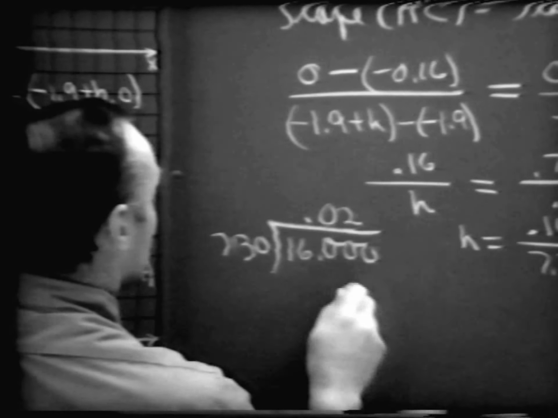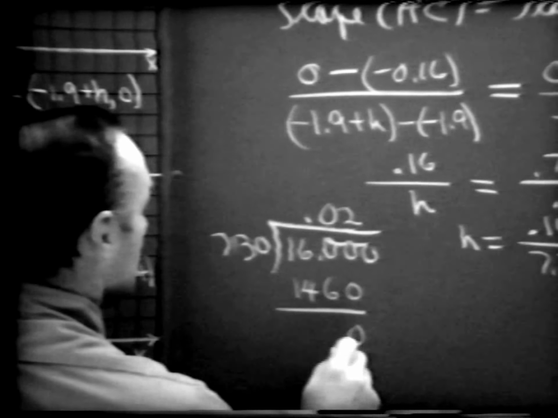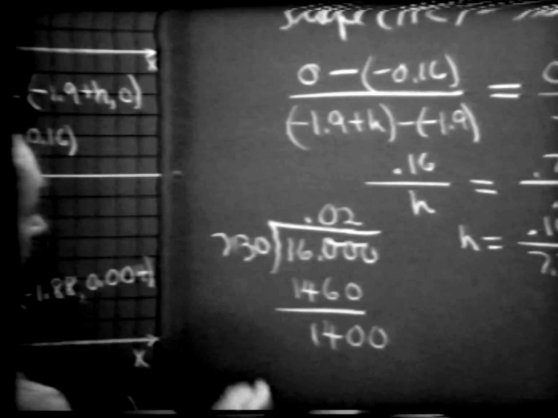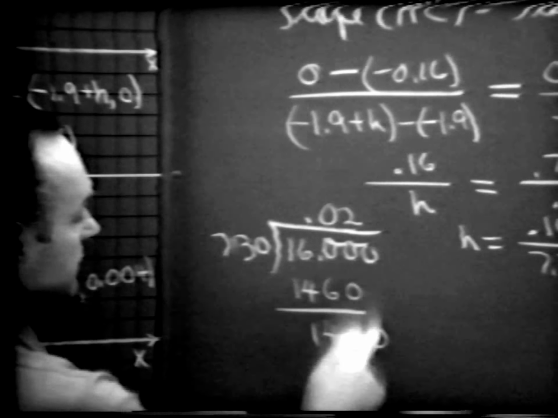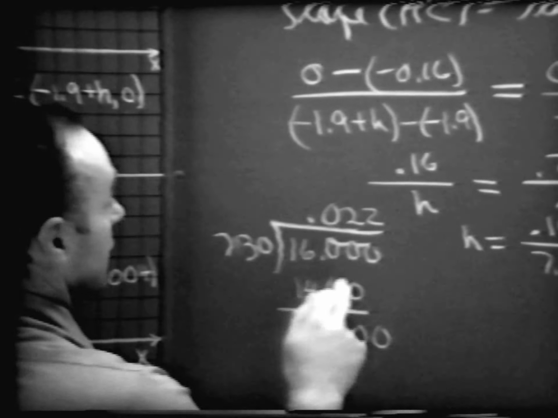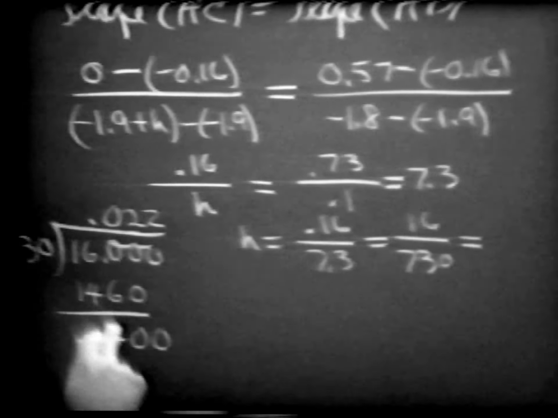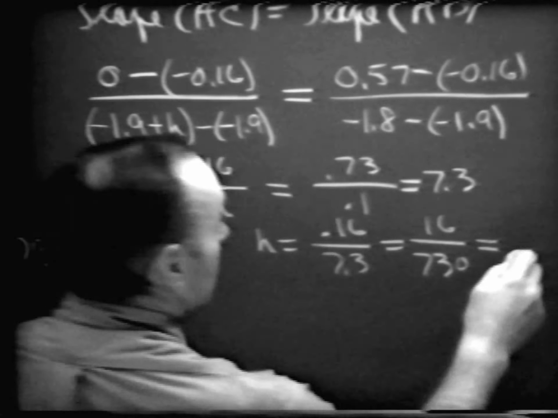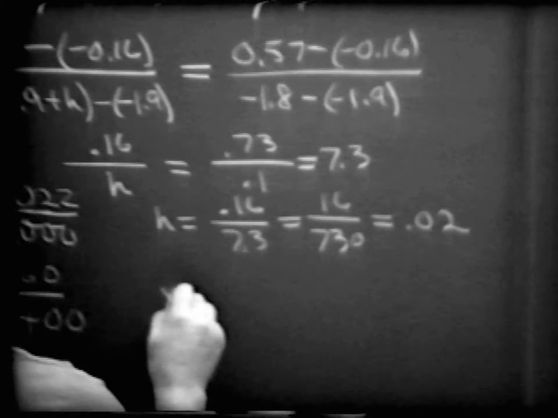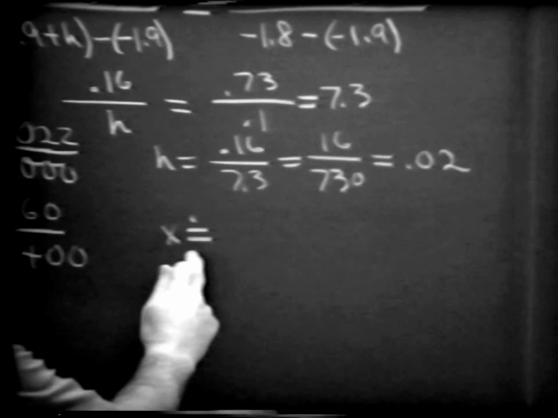So 2 times 730 is 1460. Check my arithmetic, please. That leaves 140, and another 0. Aha, 730 goes in about 2 times, and since we want the nearest hundredth, h is going to be equal to 0.02.